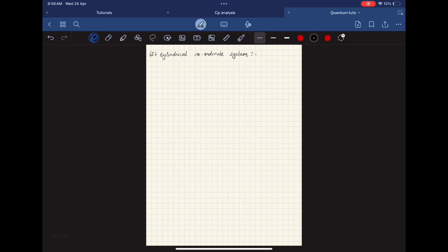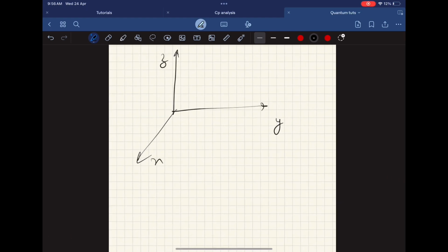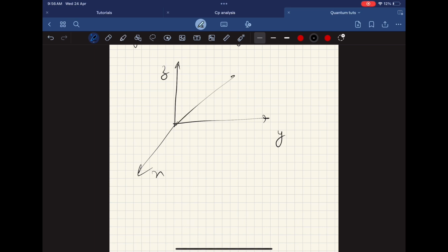So in the cylindrical coordinate system we have, like, this is the z axis, this is the x axis, this is the y axis. In this coordinate system, if any point P is there, it is represented by rho, phi and z.